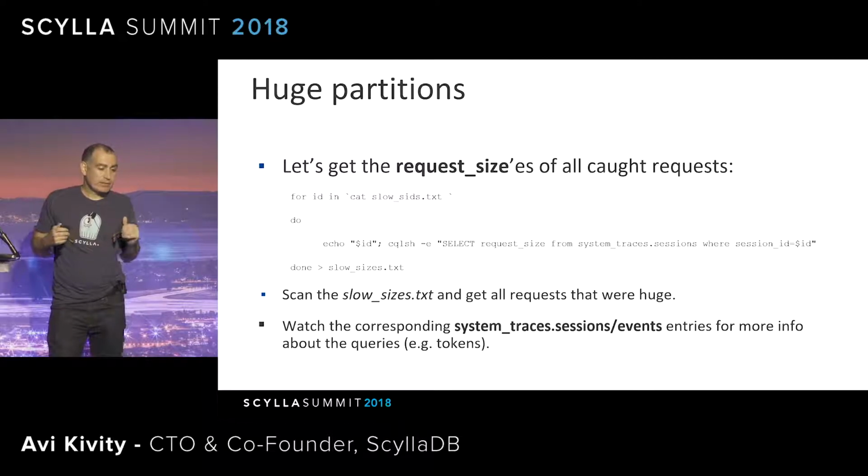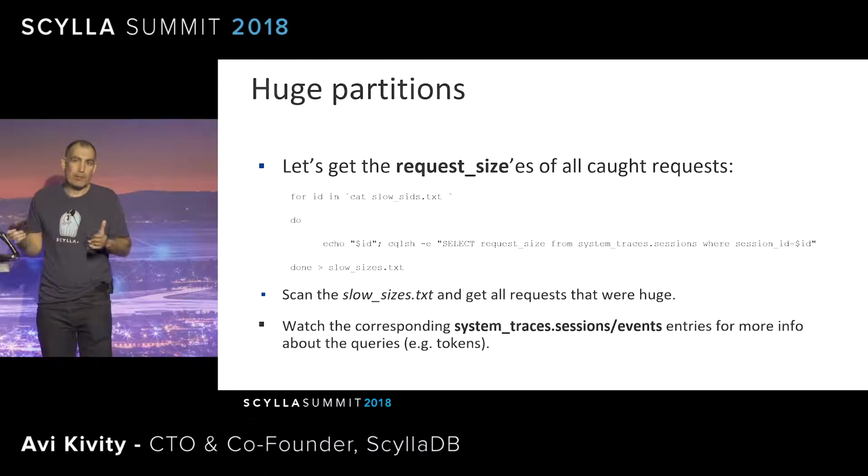From that you can select the request size, and you can see the size of the responses that were generated for the queries, and look at which one is the biggest one. From there you can find out the key, and from there you can trace it to your application.